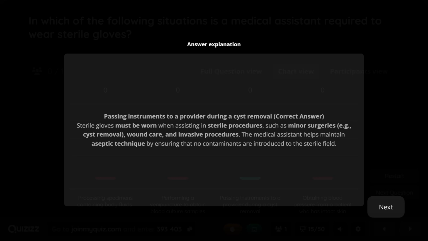We use sterile gloves for minor surgeries, wound care, and also invasive procedures. We have to maintain aseptic technique by ensuring that no contaminants are introduced into the sterile field. We don't want our patient to get any type of microbes into their open wound.